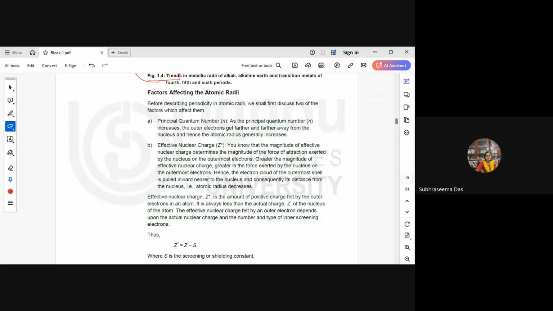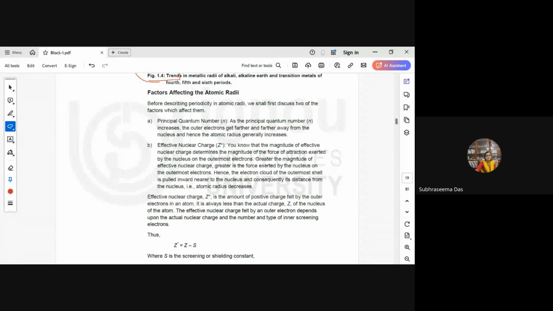Now the second factor that affects the atomic radii is the effective nuclear charge. This effective nuclear charge is represented as Z star. The magnitude of the effective nuclear charge effectively determines the magnitude of the force of attraction exerted by the nucleus on the outermost electrons.